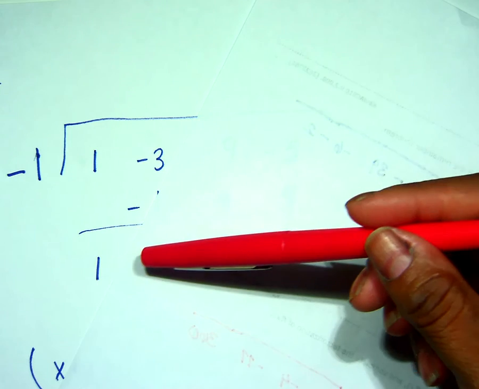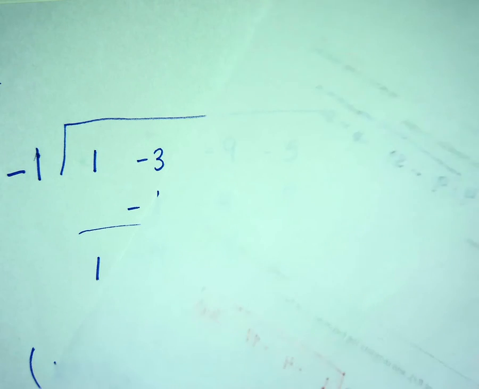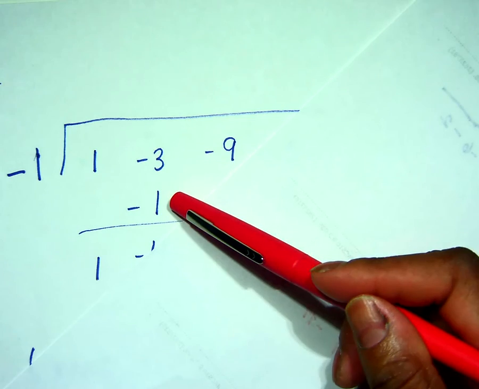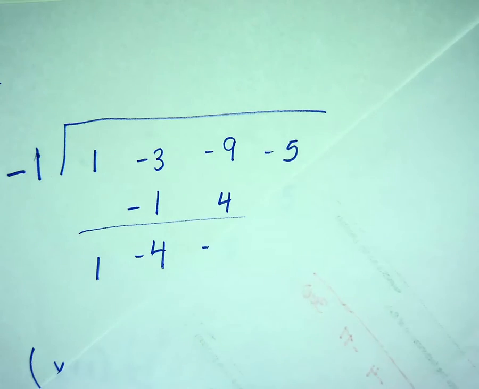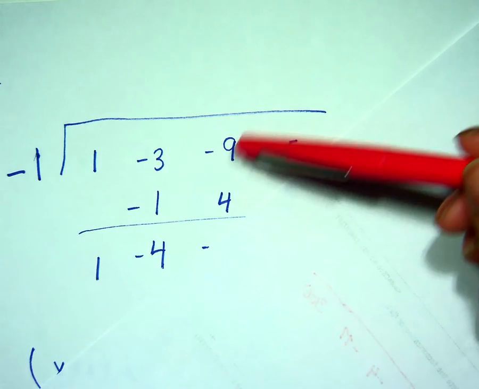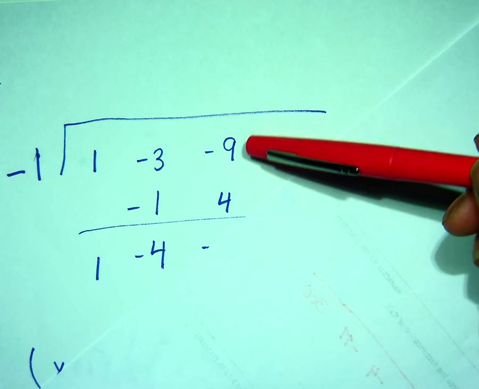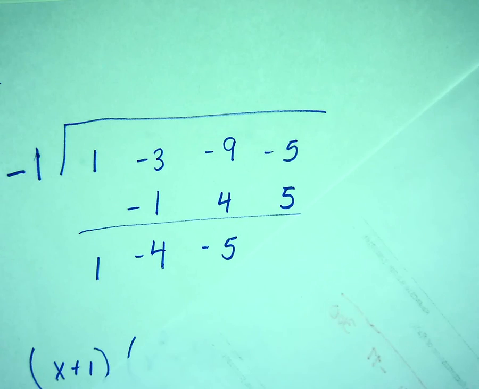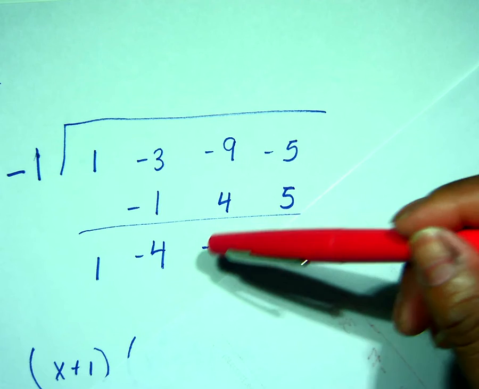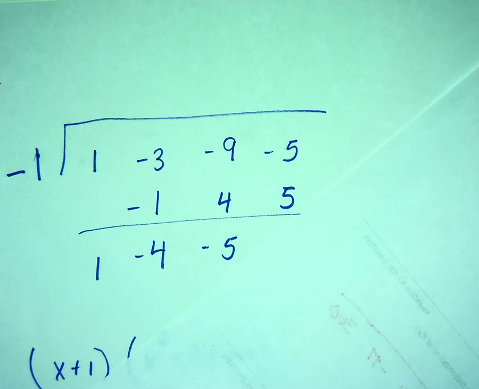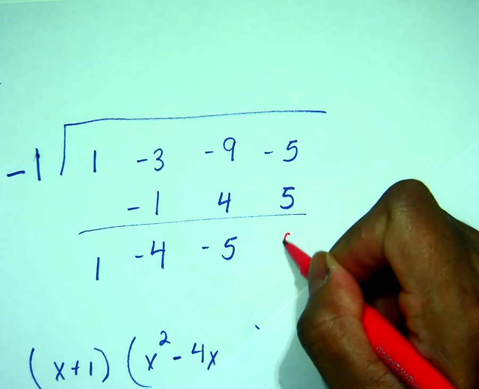Negative 1 times 1 gives you negative 1. So that's where that 1 came from. Combining like terms, negative 3 plus negative 1 gives you negative 4. Negative 1 times negative 4 gives you positive 4. Combining like terms, negative 9 plus 4 gives you negative 5. Negative 1 times negative 5, remember, two negatives give you a positive, gives you 5. So there's no remainder right here.